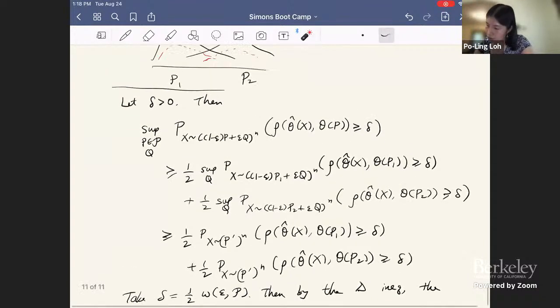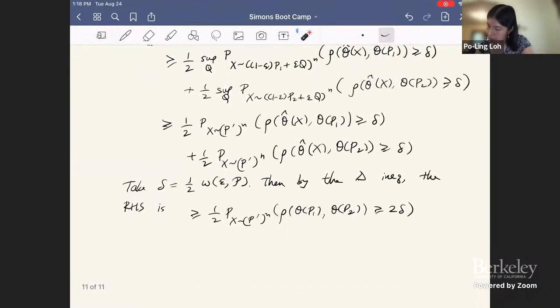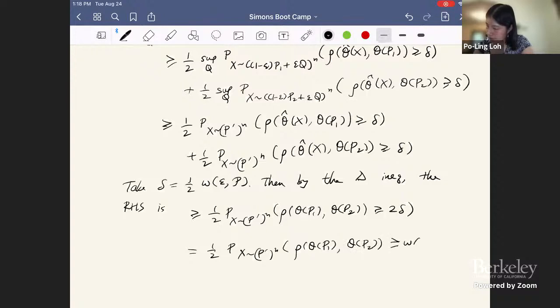So because delta is 1/2 of the modulus of continuity, this is equal to 1/2 probability X is coming from P prime to the N, rho of theta P1, theta P2 is bigger than or equal to omega of epsilon rho.